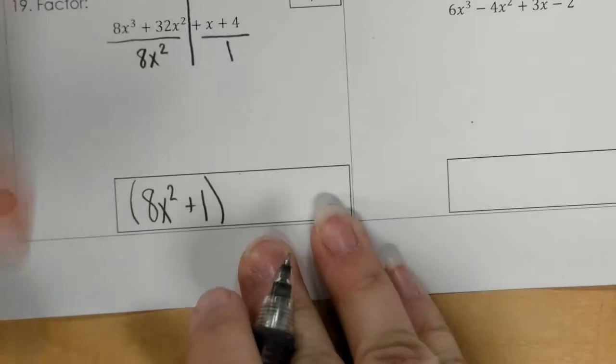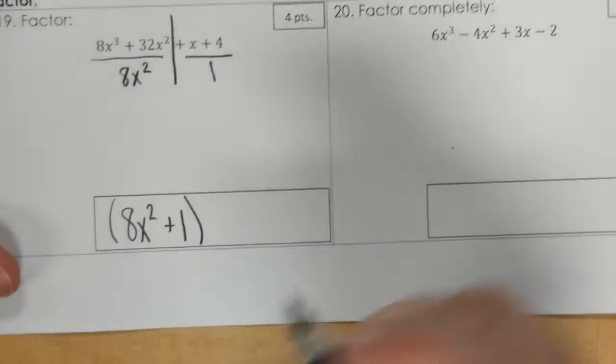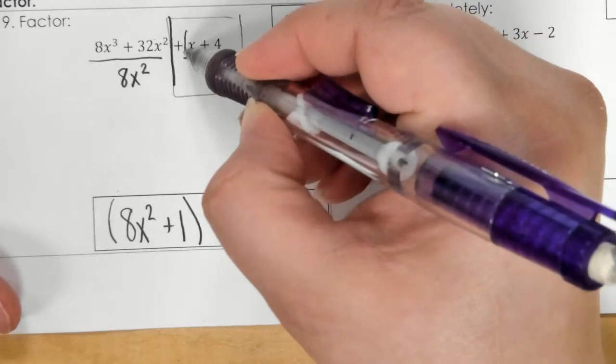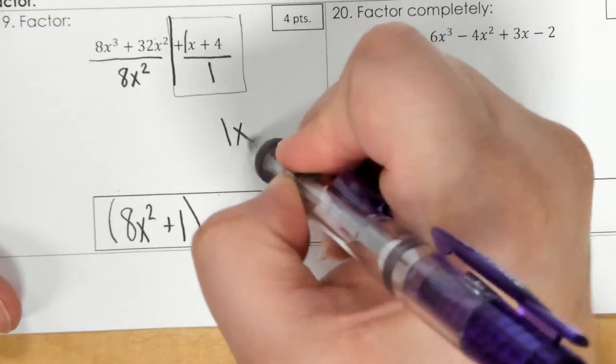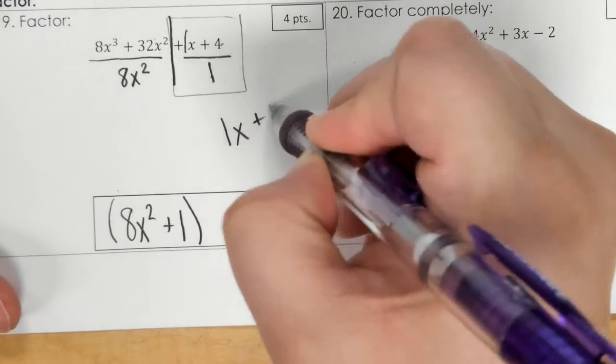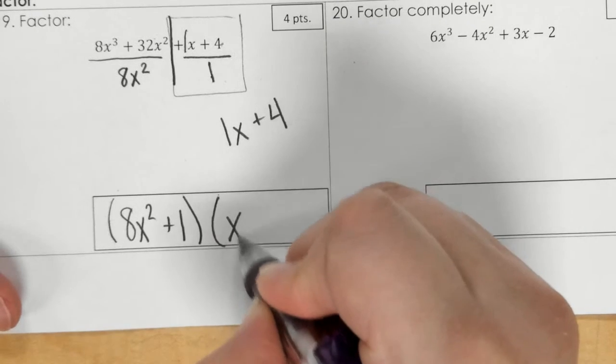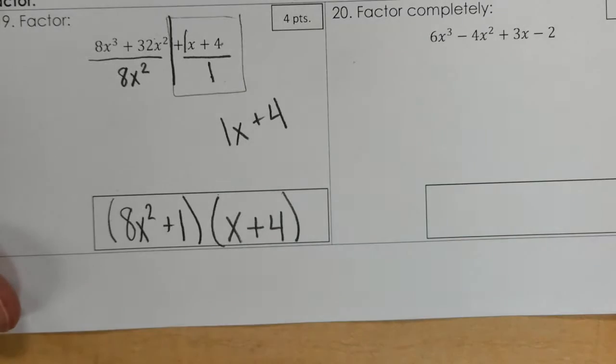Okay, then I need to divide. And so I'm going to use the last one here to divide. So 1x divided by 1 is 1x. 4 divided by 1 is 4. So I would have 1x plus 4 or x plus 4.